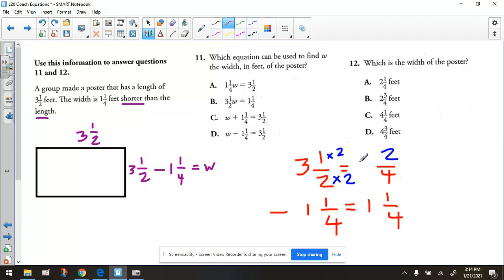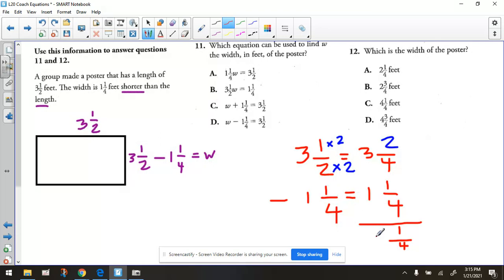Let's use red still. All right, so now we're going to go ahead and subtract these two things. 2 minus 1 would be 1 over 4 still. And then 3 minus 1 would be 2. All right, so that's a choice for number 12, and you're going to go ahead and pick that. This number matches one of the answer choices for number 12.